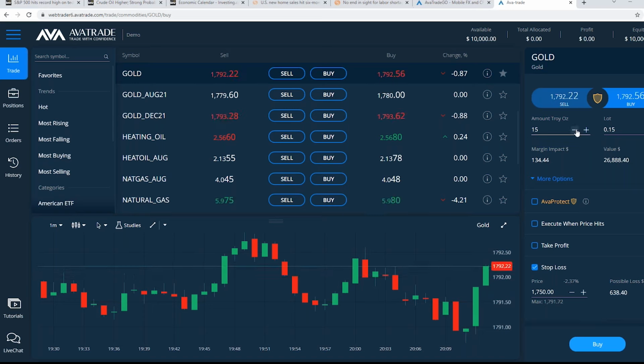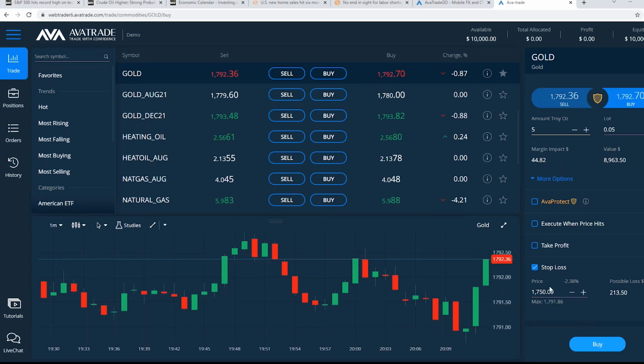So then I say, maybe I should lower my trade size, and I realize, you know what? If I want to risk only about 2%, which is 200 if you have a balance of 10,000, then I see real quick, I better trade only 5 ounces if my stop loss is at this price.